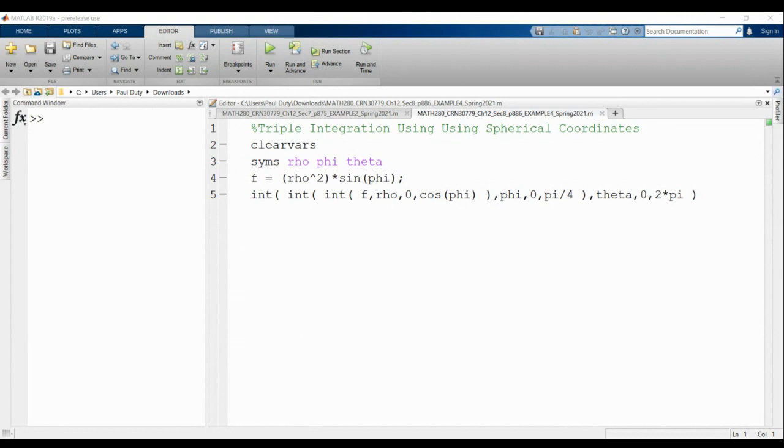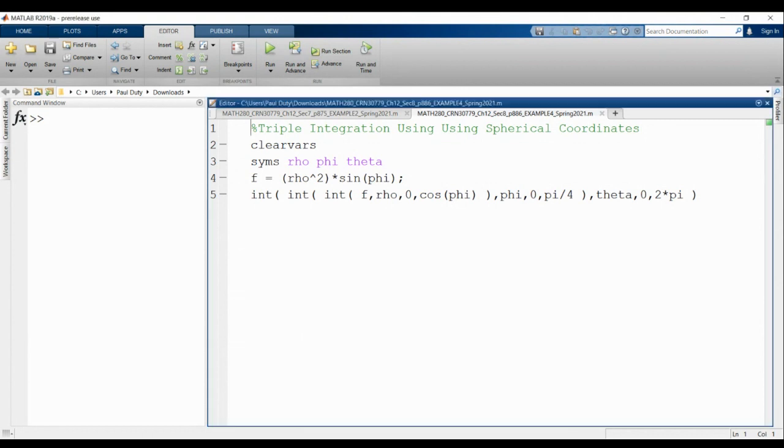But again, it's a triple integral. Your variables are rho, phi, and theta for spherical coordinates. And your integrand in this problem was rho squared times the sine of phi. That was your original integrand.